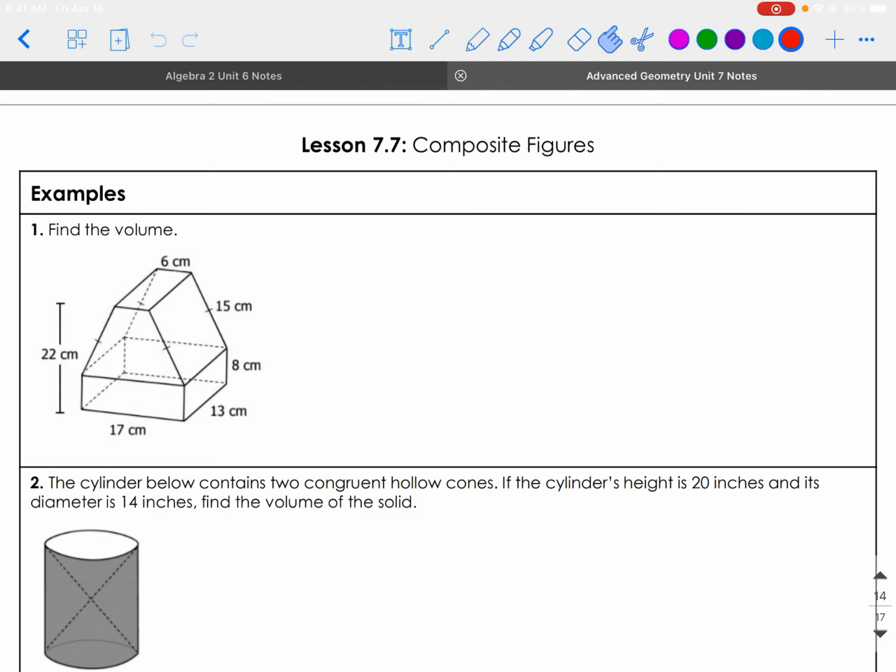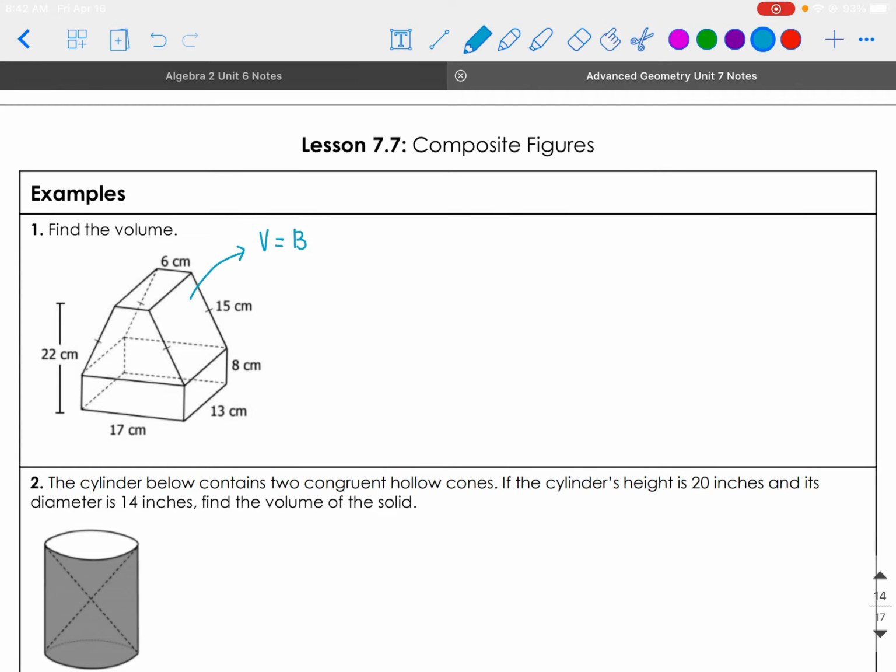So number one, we're finding the volume. And we have two shapes. We have a trapezoidal prism and a rectangular prism. So let's do the volume of the trapezoidal prism.